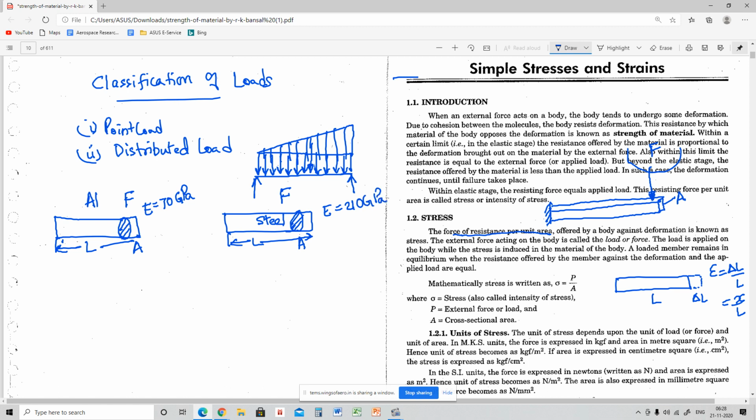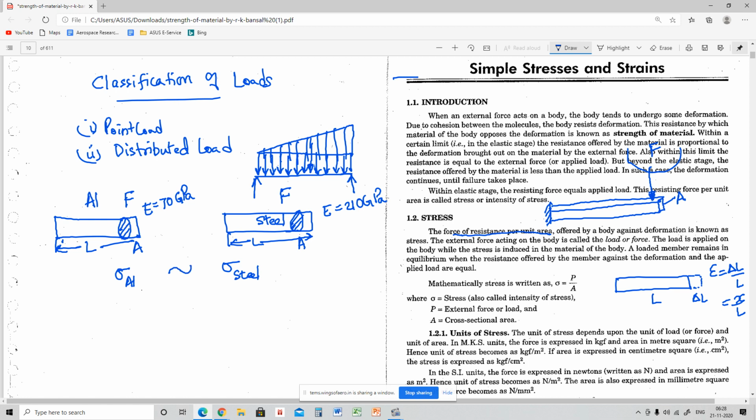Now the question is, how will the stress vary? That means how the stress of aluminium and the stress of steel will be connected. Whether it is one third of the steel or the aluminium, how are they connected?